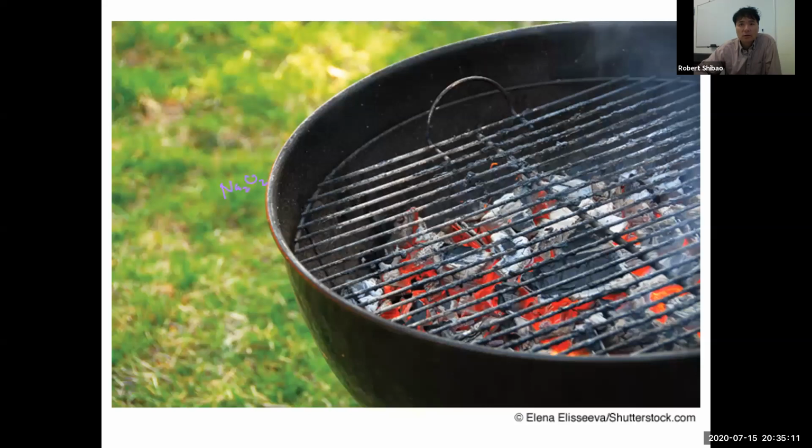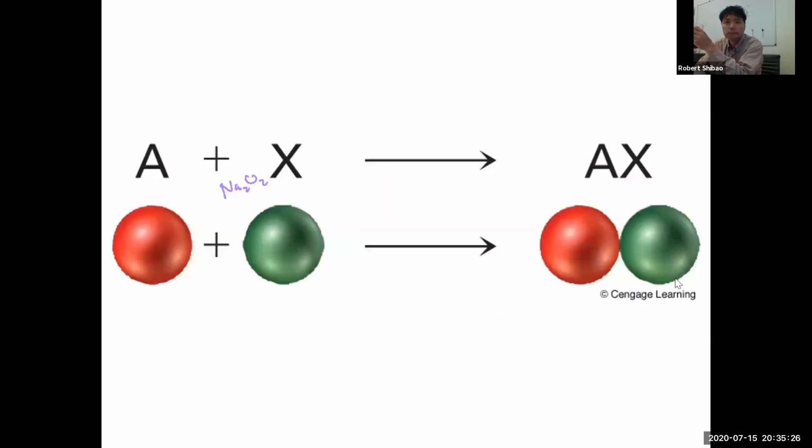It's coal, charcoal. Charcoal is amorphous carbon. You burn it to form CO2. It's hard to burn carbon though. Here's some reaction A reacting with X to form AX.